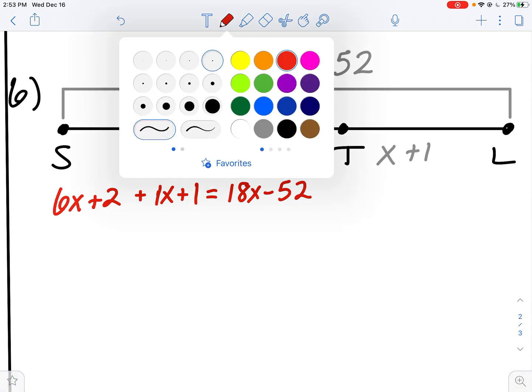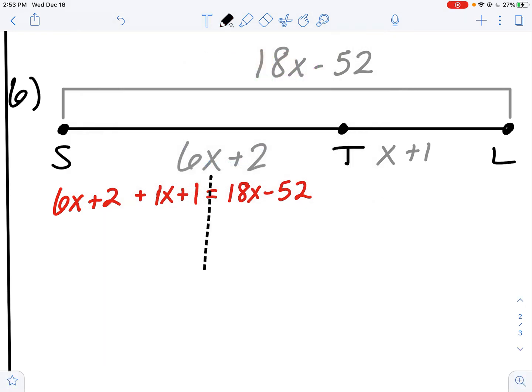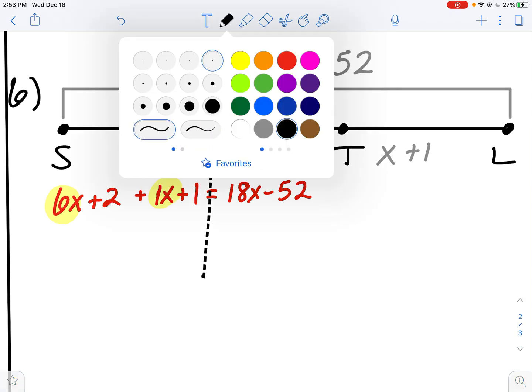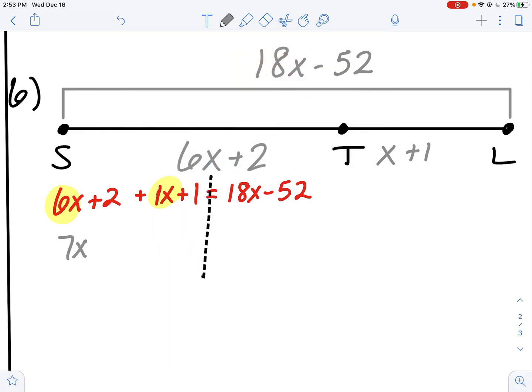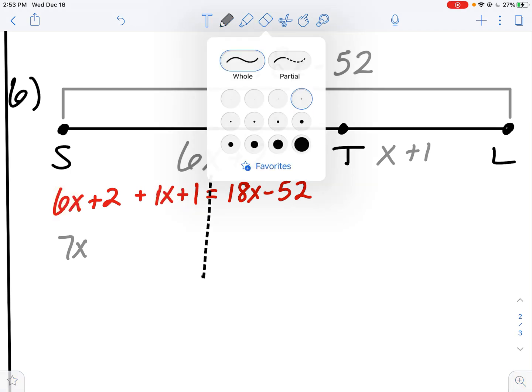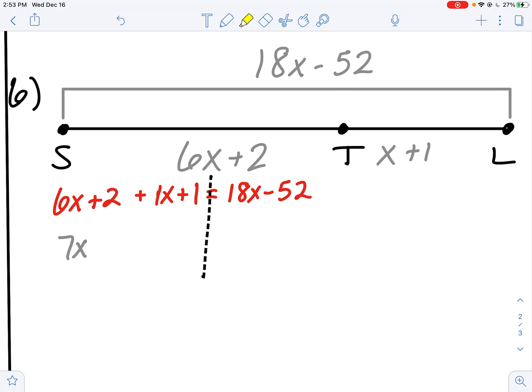Okay, again, we've got to identify if it's on the same side of the equal sign, I don't have to do my opposite operations. So like terms, 6x and 1x, if I combine those, that is a 7x. And now I have my like terms of a positive 2 and a positive 1.